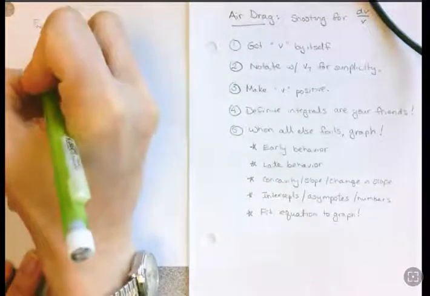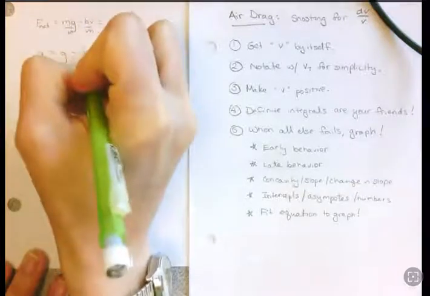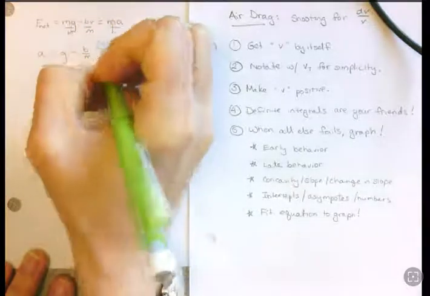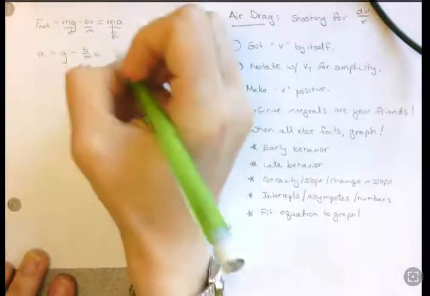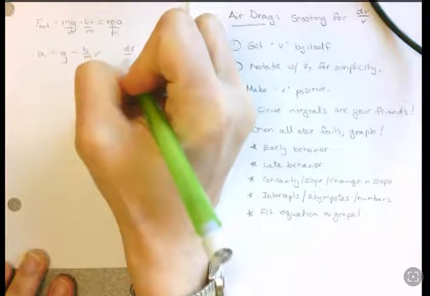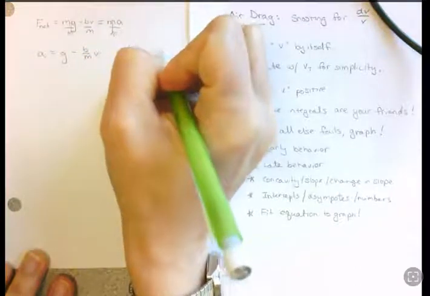We will have a equals g, aha, we expected that, minus b over m, pull those constants out front, calculus style, times v. And that means that the derivative, dv/dt, is g minus quantity b over m times v.